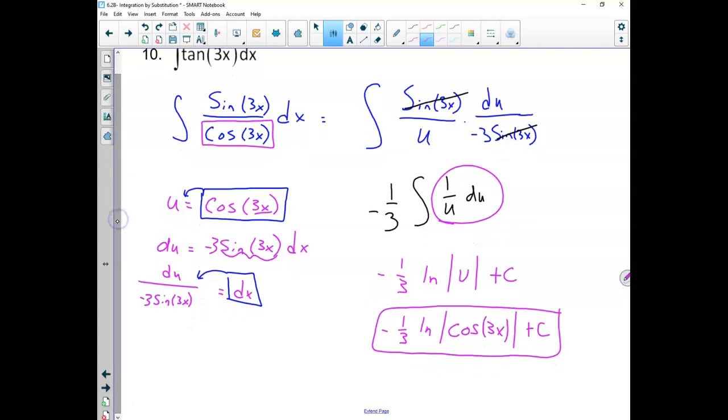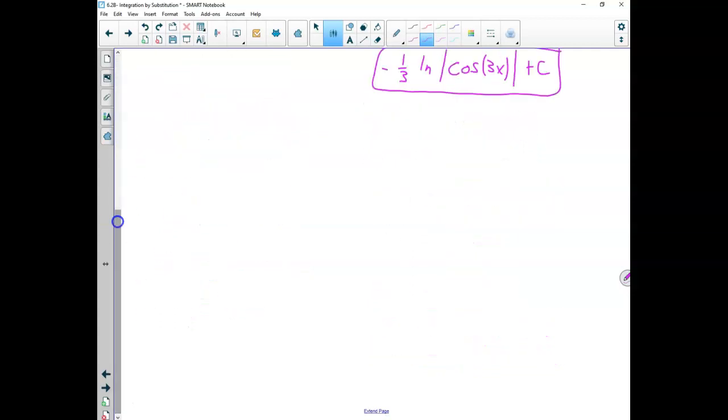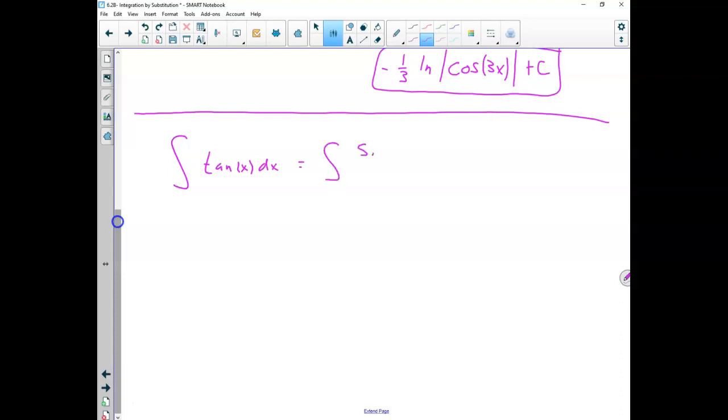What do you mean? Well, what we just found out here is the integral of a tangent x dx is going to have to look like the integral of sine x over cosine x dx, where the denominator is my u substitution.